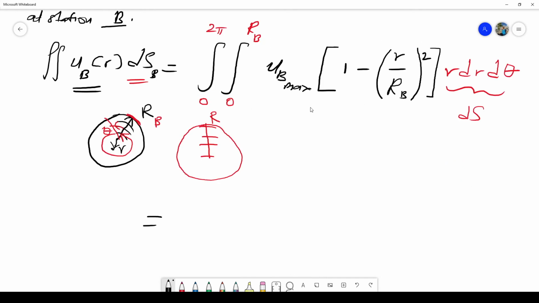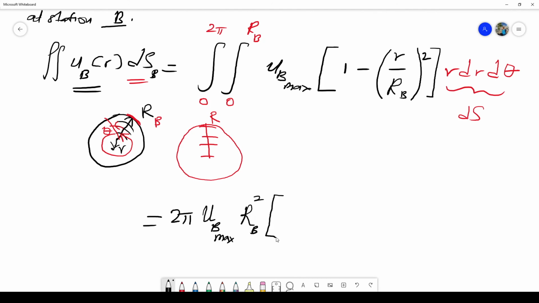So if we solve these equations, we get 2 pi multiplied by UB max, and then multiplied by RB square.